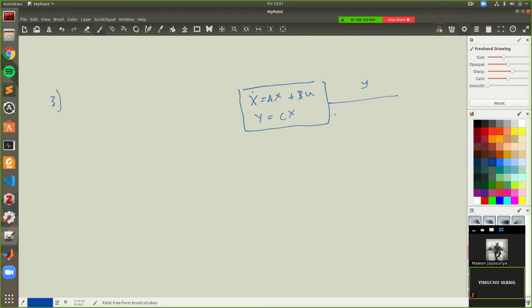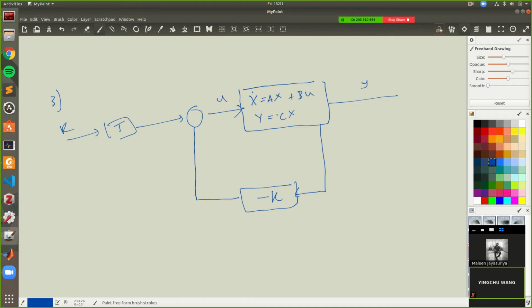We're going to take x multiplied by k and add it to a gain matrix times the reference signal, and feed that in as our new input.